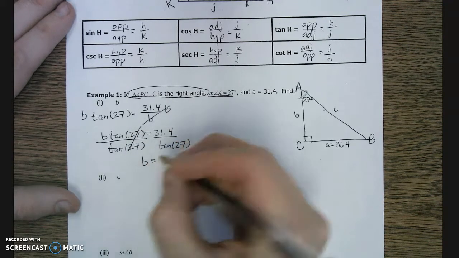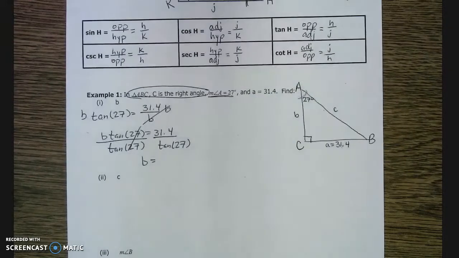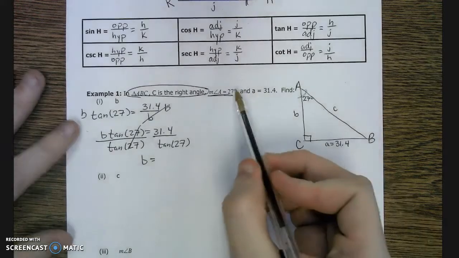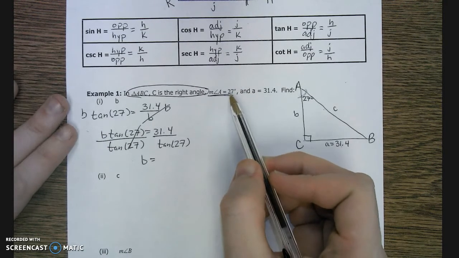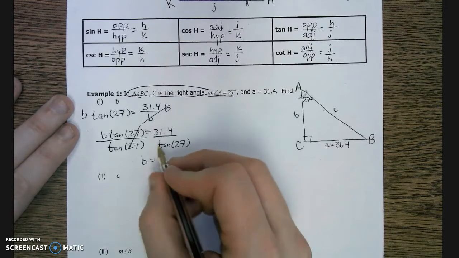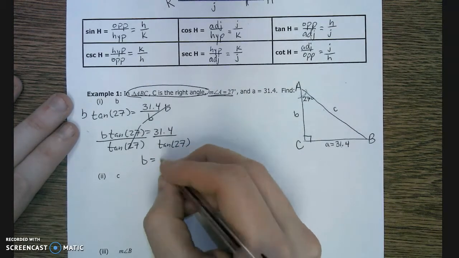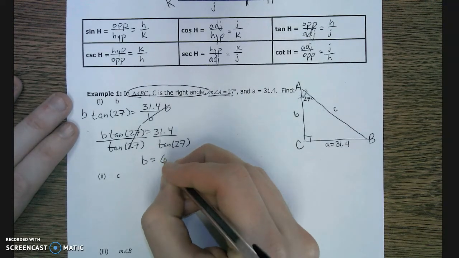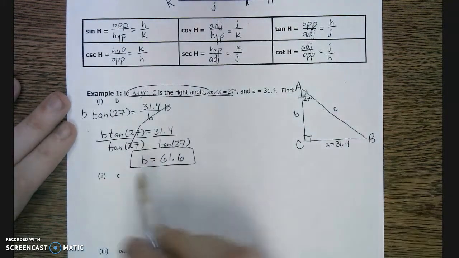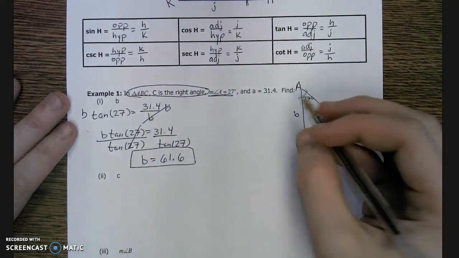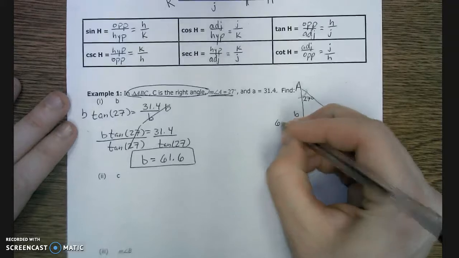Then you want to type that into a calculator. The problem says degrees, so you want to make sure your calculator is in degrees. Type it in, and you get 61.6. Now for side c, I know b is 61.6.